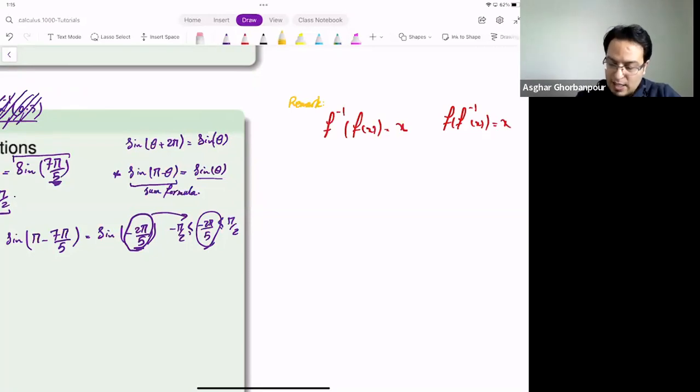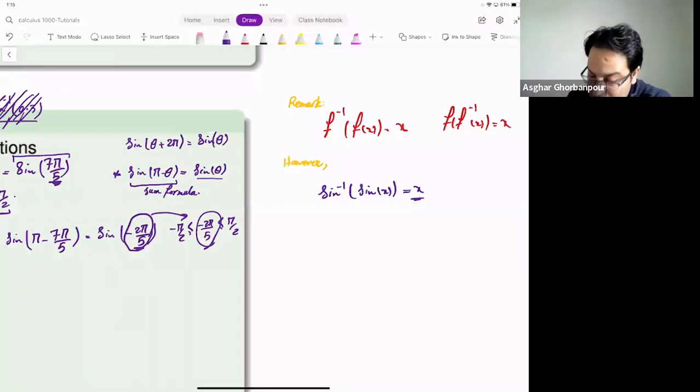In the case of sine and cosine, or the sine inverse function, you have to be very, very careful here. This is not always equal to x. Sine inverse of sine x is not x unless x is in the one-to-one interval of sine.